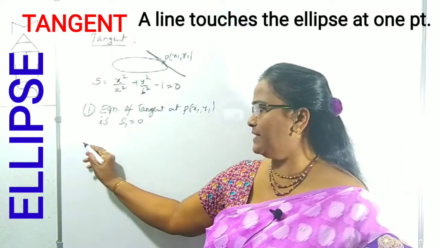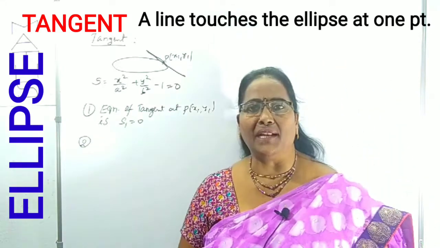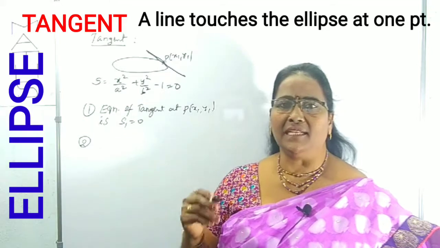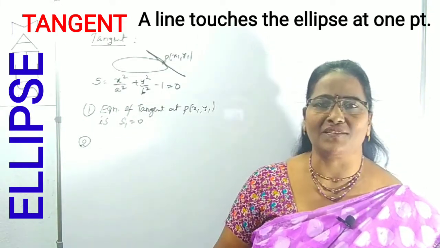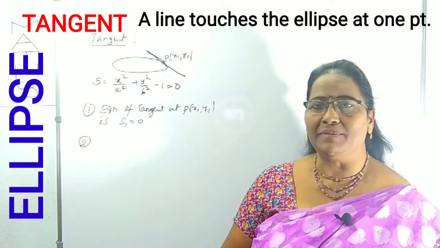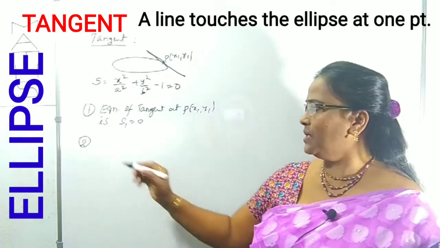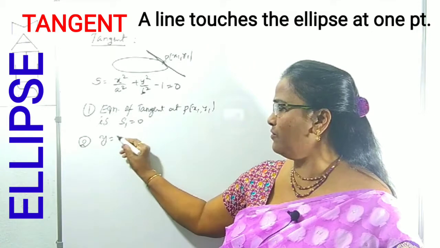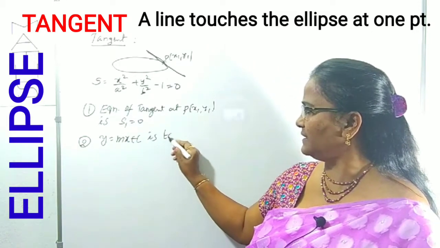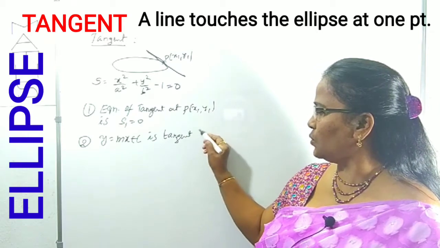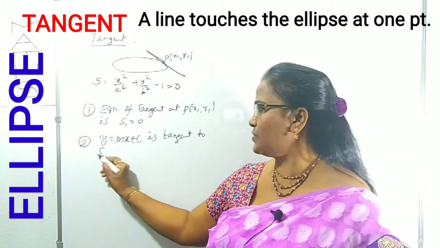Not only at a point, sometimes they may give a line, any straight line that touches the ellipse, which is also known as a tangent to the ellipse. What is the condition you have to know? Suppose the line in the form y equals mx plus c is tangent to S equals 0.